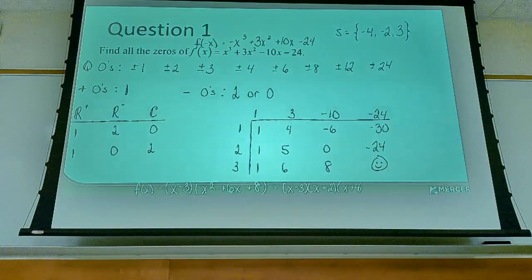That is the general process. Not a particularly difficult process, but it is tedious, especially if you get extremely unlucky in which numbers you're checking.